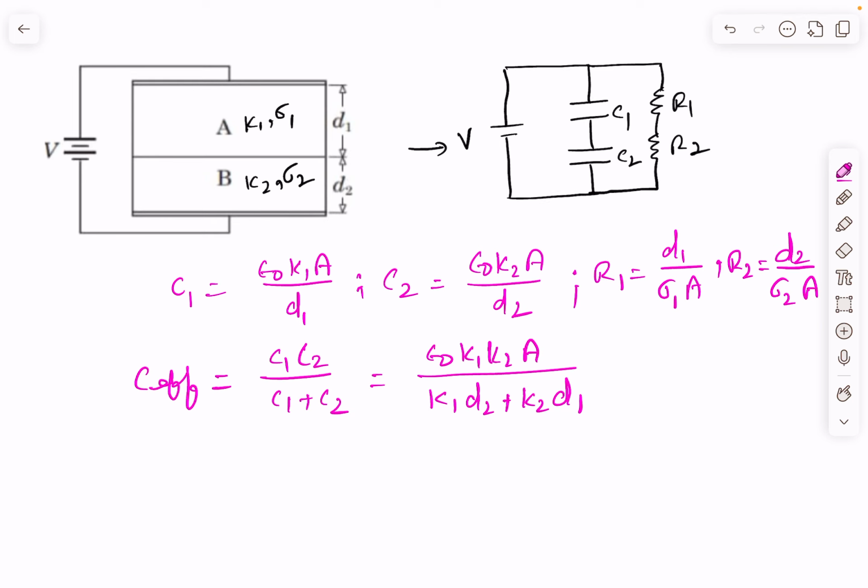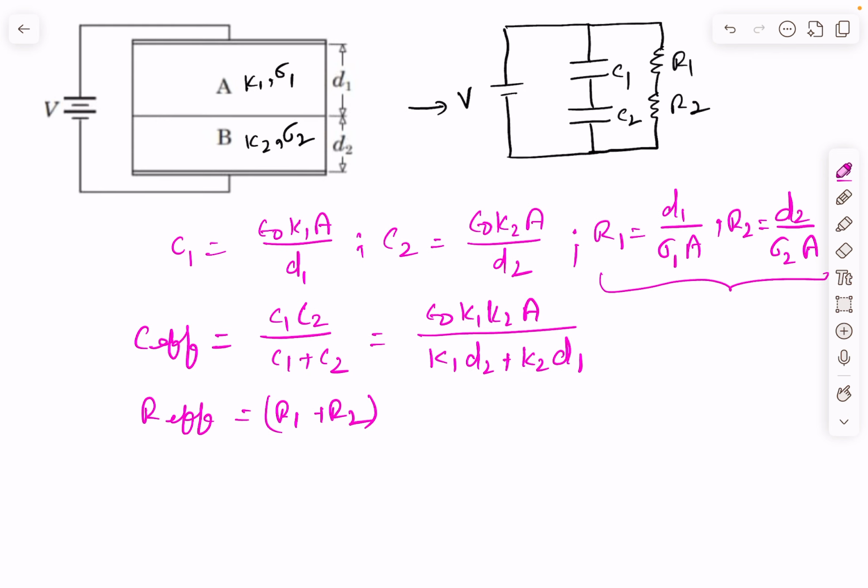Now on similar lines we can write R effective. R effective can be written as R1 plus R2. And by putting these values here we can get R effective also, and once we get R effective we can calculate the current in the steady state.